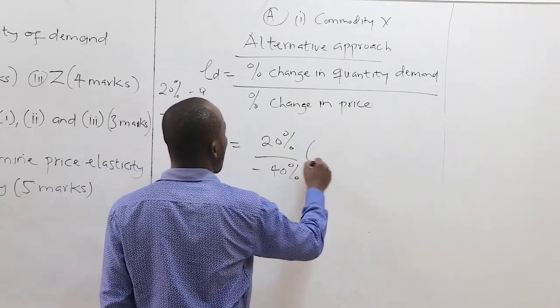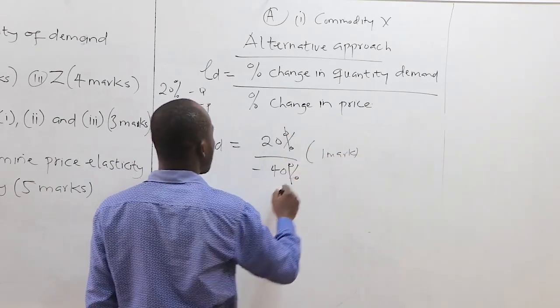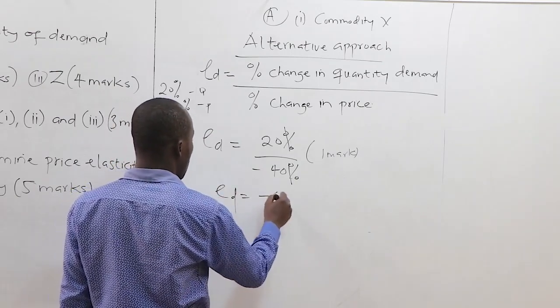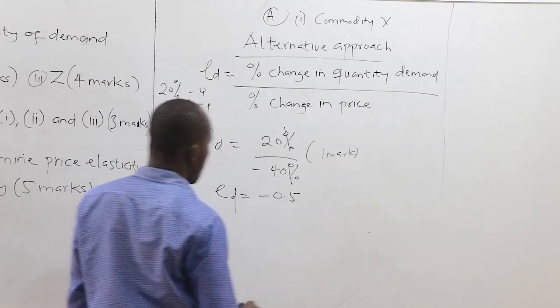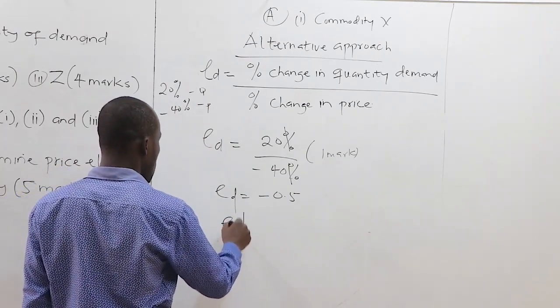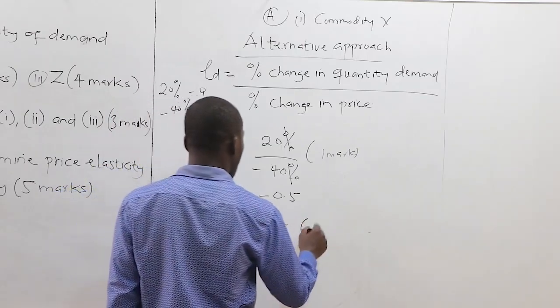If you do this, you're going to get 1 mark for substitution. You cancel the percentage. If you divide, you're going to get negative 0.5. Then you take the absolute.